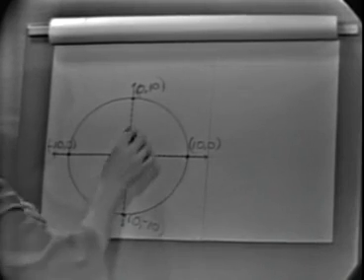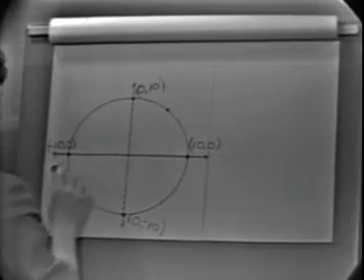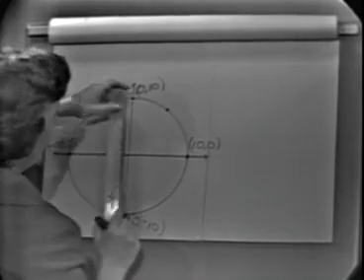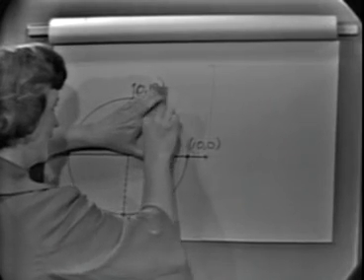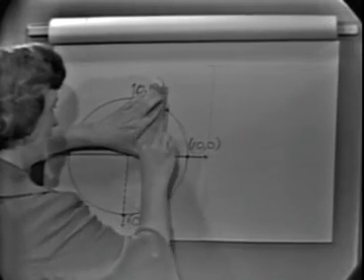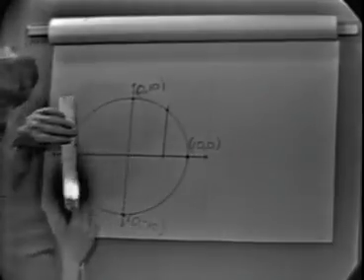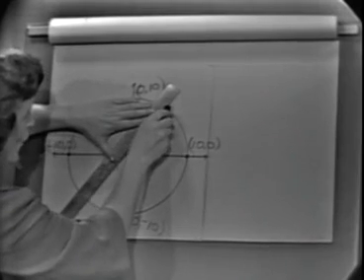Let's consider a point P on the circle. We see that that is on a vertical through 8, 6. Now let's draw line segment OP.